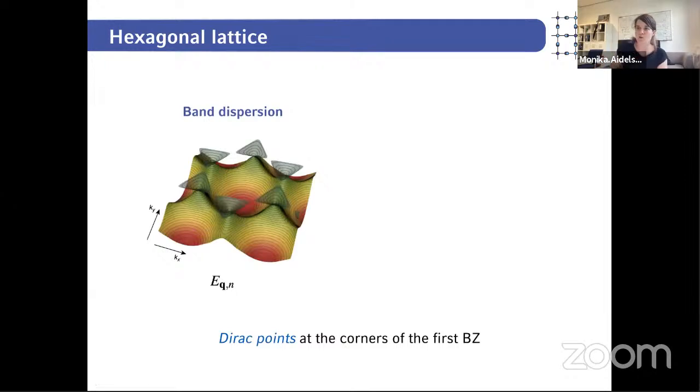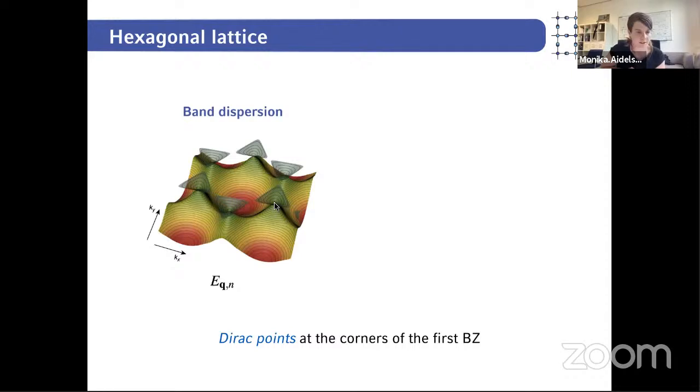Now, we can calculate the dispersion, the energy band structure for this hexagonal lattice. And so this is a cut through these 2 bands. So essentially you see the lowest band. So you see here this hexagon. And there are the Dirac points at the K and K prime points, which are at the corners of the hexagon. And the Dirac cones, if you expand the dispersion around these K and K prime points, are linear as a function of quasi-momentum.